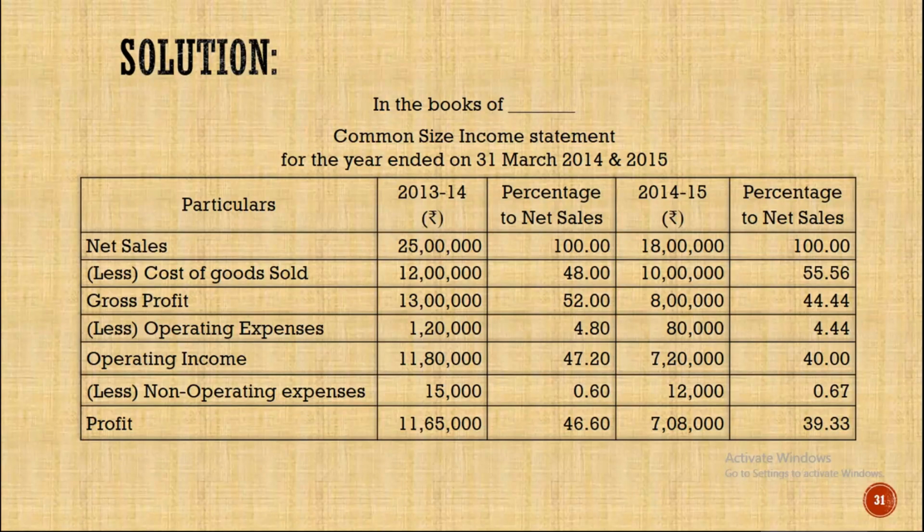As the base is the same, we can easily say that there is a decrease in profit. Further, we can see the change in cost of goods sold. Yes, there is an increase in the cost of goods sold, and it must have affected the profit of the organization. So this is about the common size income statement.